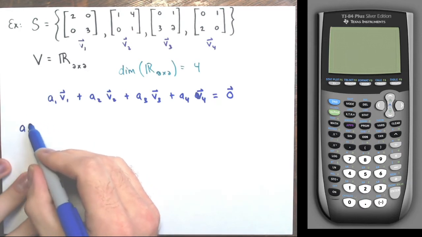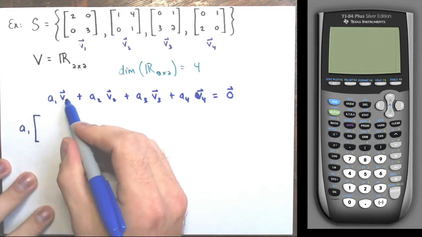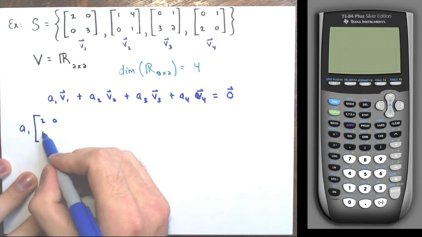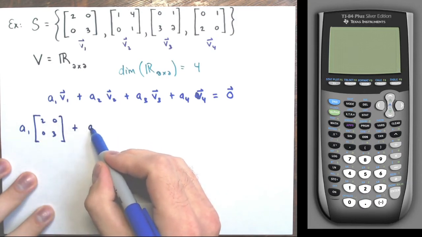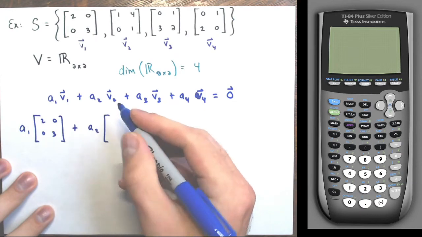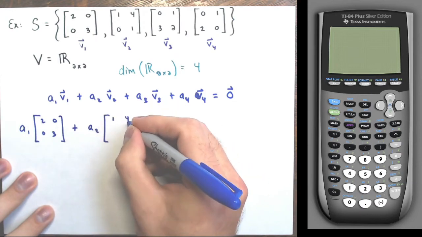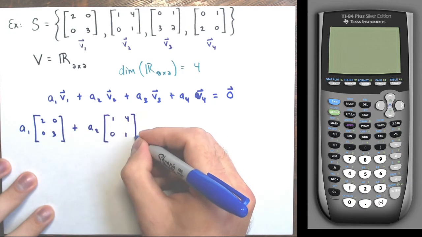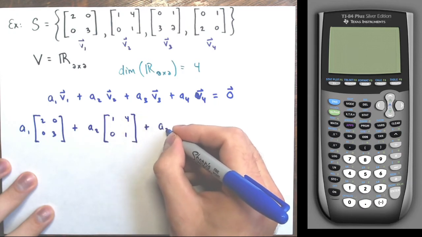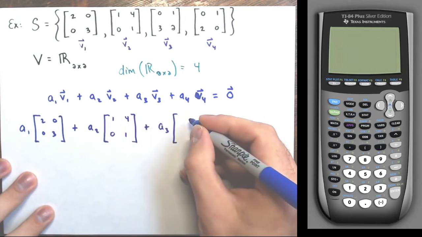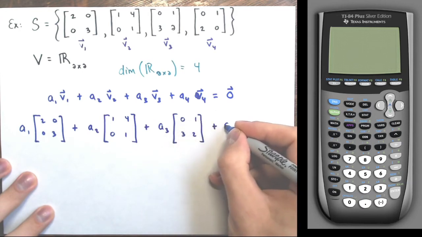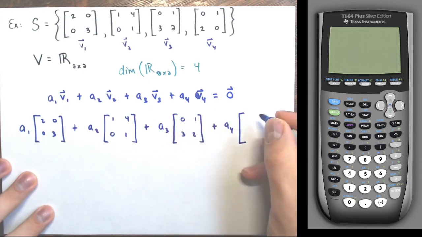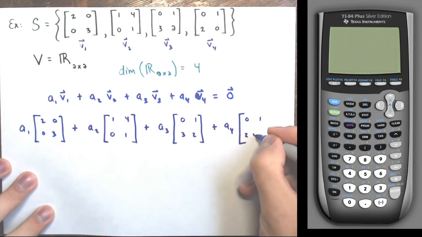I'd have some scalar a1 times vector 1, this 2, 0, 0, 3 matrix, plus a2 times 1, 4, 0, 1, plus a3 times the 2 by 2 matrix 0, 1, 3, 2, plus a4 times 0, 1, 2, 0.